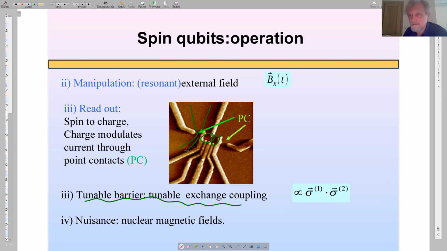So depending on spin configuration, the charge in this dot can be either 1 or 0, and that can be read with, as we discussed for quantum dots, a quantum point contact which is nearby the dot. Right, I guess that's what I wanted to say about spin qubits.